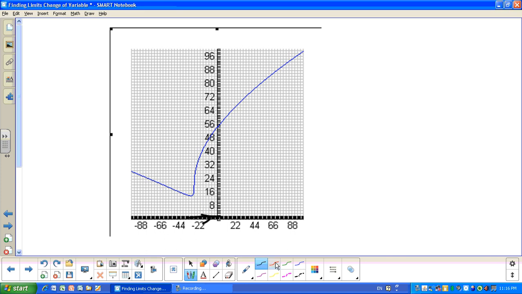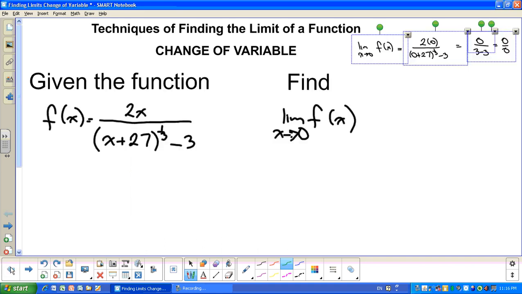I notice that as x is approaching 0, both from left and from right, the function seems to have a limit. I don't know how much that limit is, but it's somewhere in that area. It seems that both from left and from right, the function is approaching a certain value.